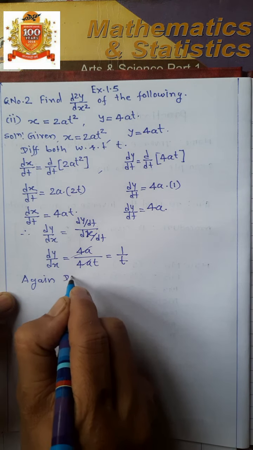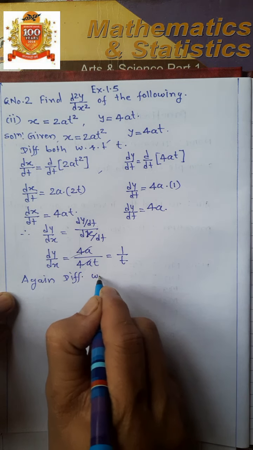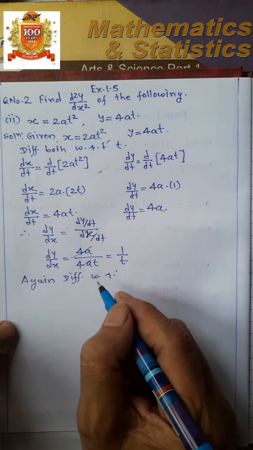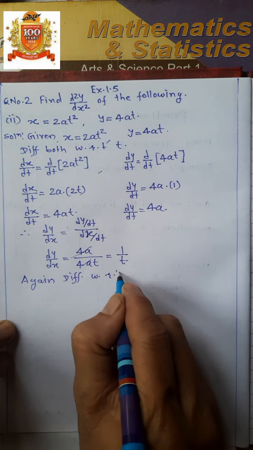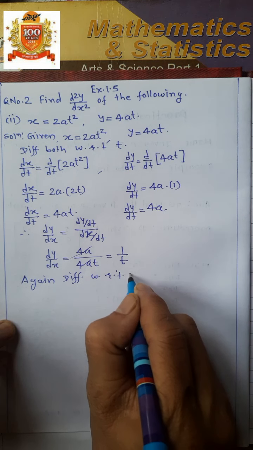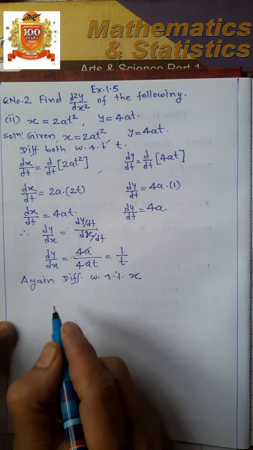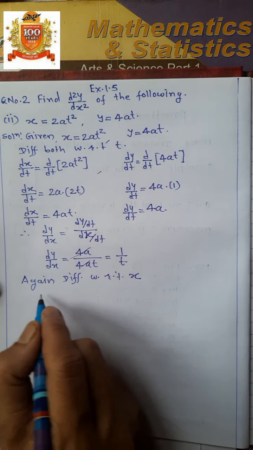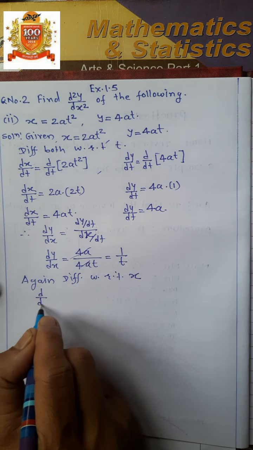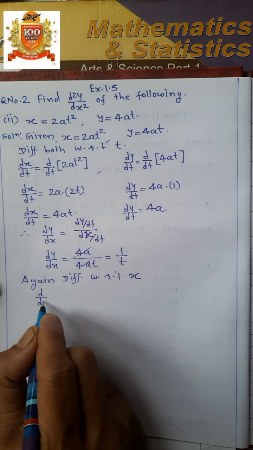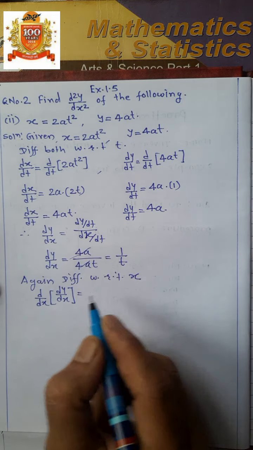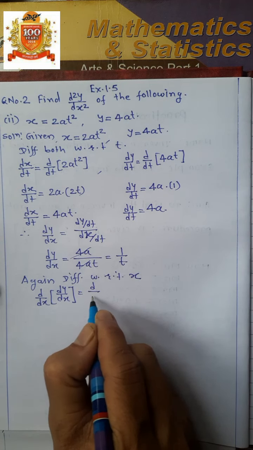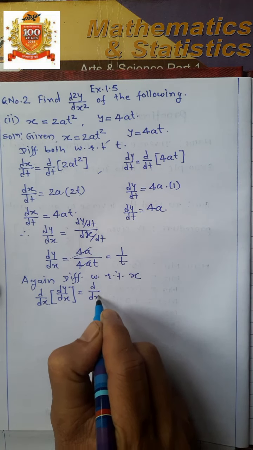Again differentiate with respect to x. d/dx of dy by dx is equal to d/dx of 1 upon t, isn't it?